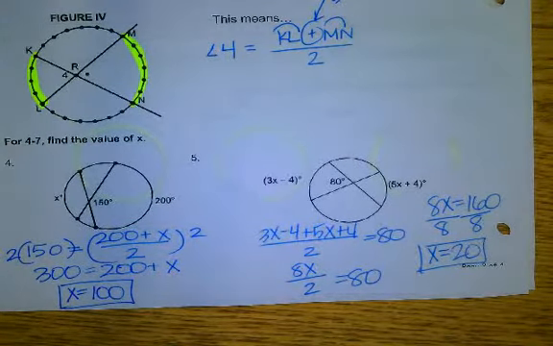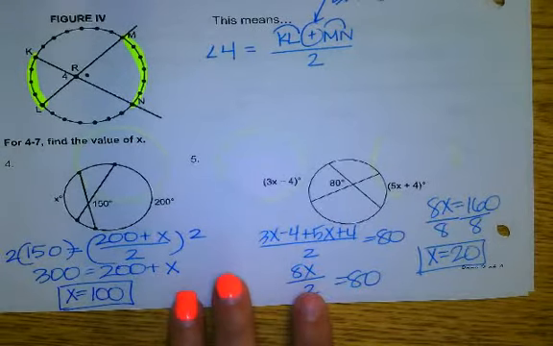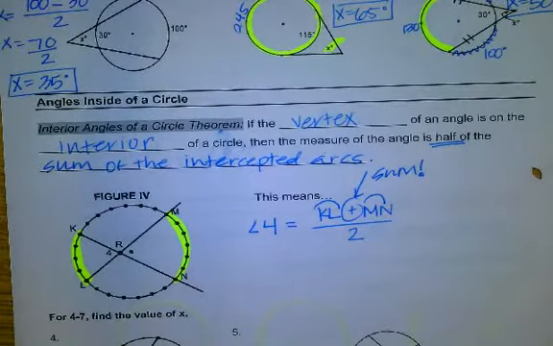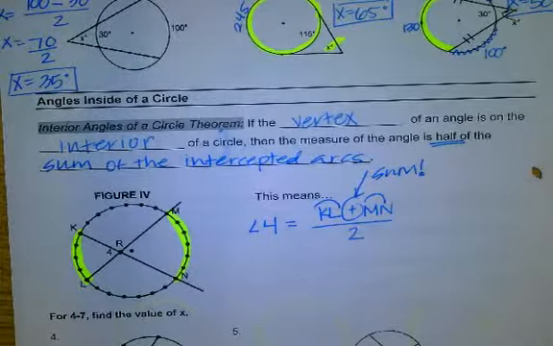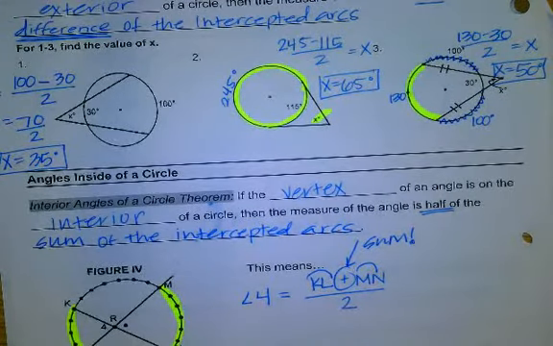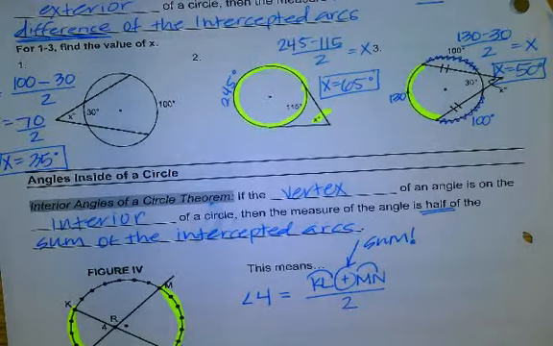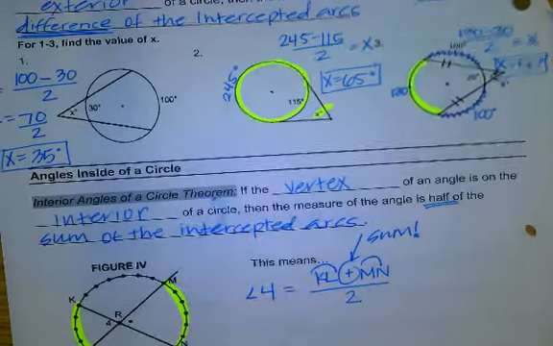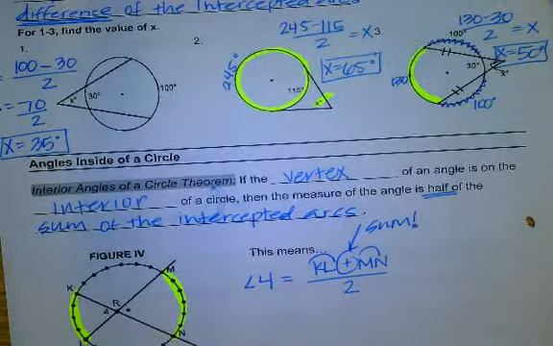Can anybody create a creative way to remember that interior is the sum and exterior is difference? I think interior sum, if you take the first letter of each, I don't know if that helps.